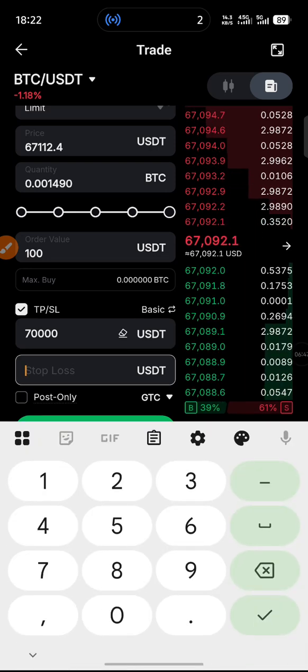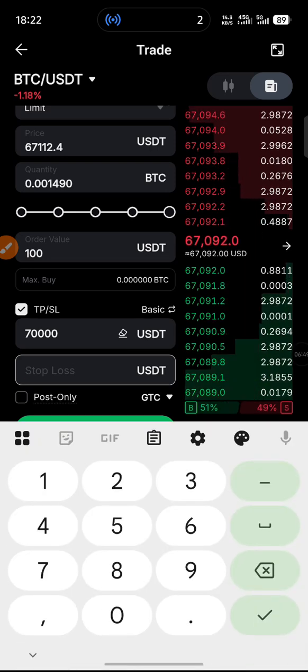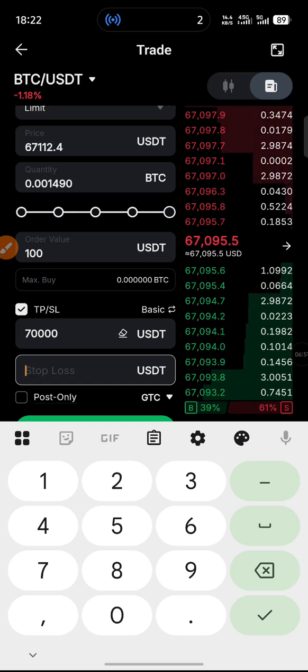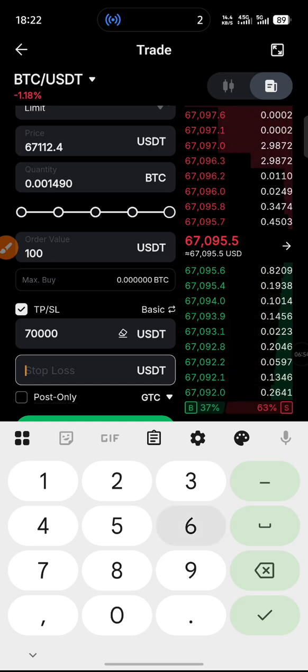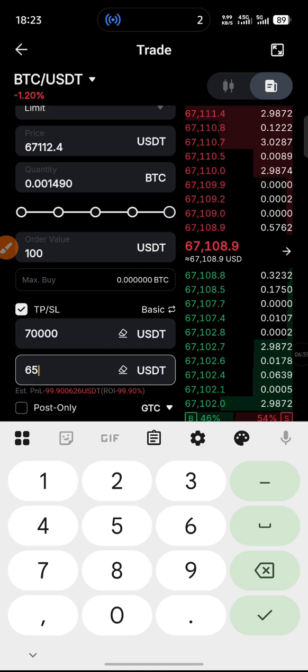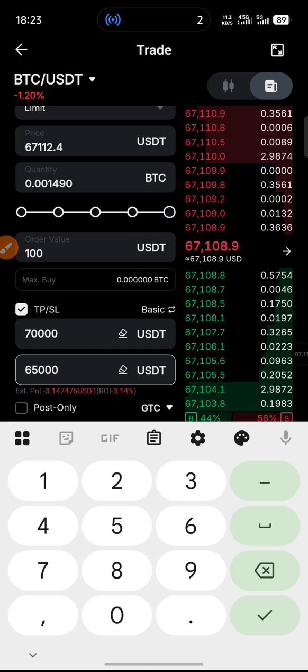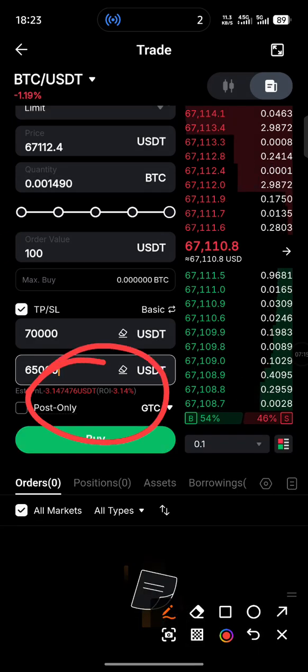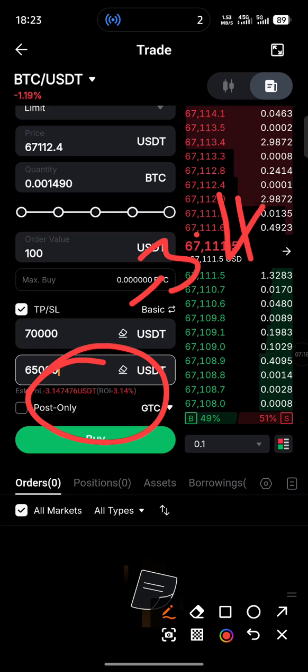So coming to this place now, you can say, I would like to stop my loss when this particular crypto coin gets to 65,500, or when you get to 65,000. Sorry, when you get to 65,000, then all you're going to lose is just this minus 3.4. I hope you're getting this clearly.